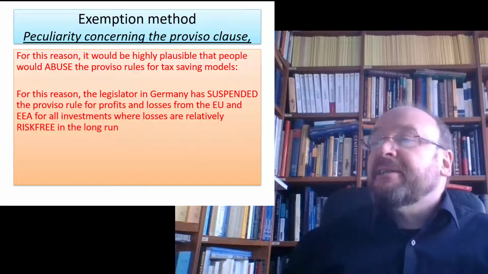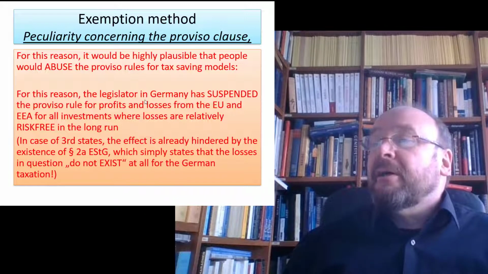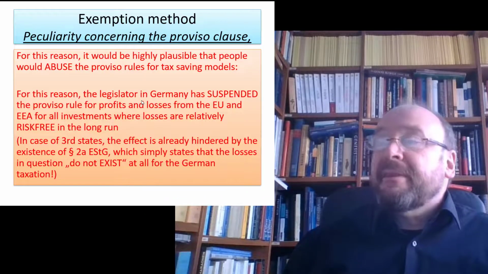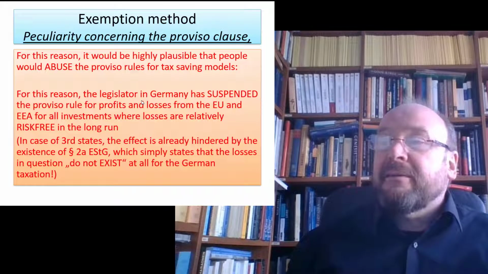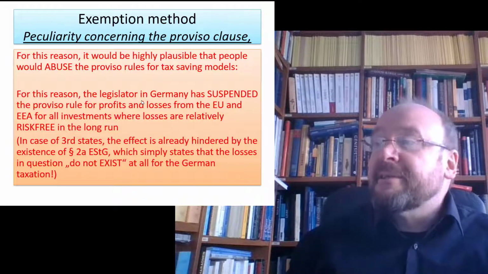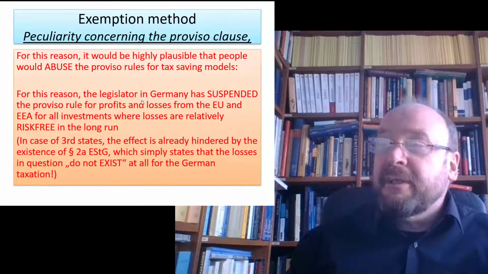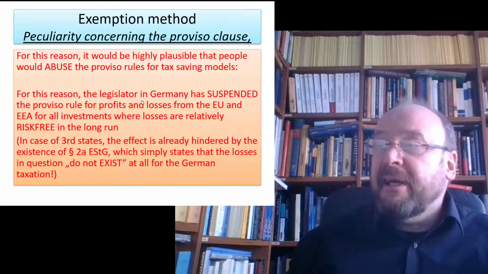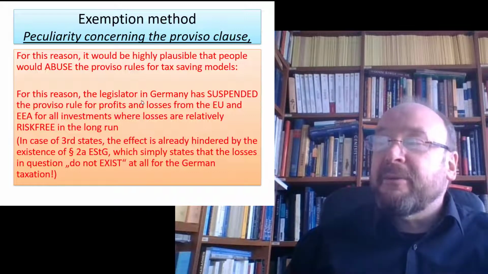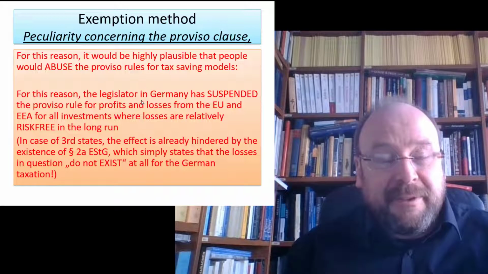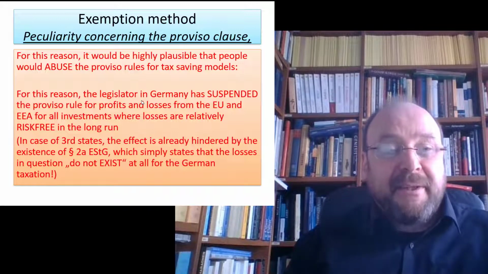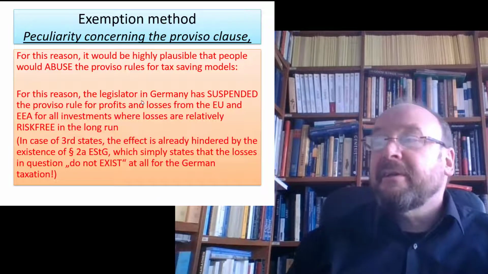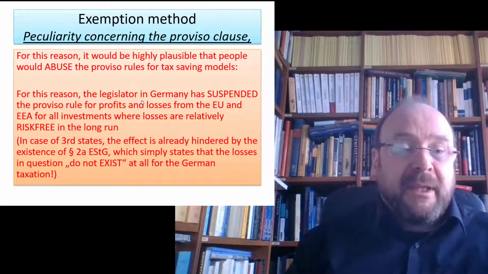So that explains why the legislature in Germany concentrated here on suspending the Proviso rule for profits and losses from the EU in equal way, and the EEA, for investments where losses are relatively risk-free, so where it's relatively certain that the amounts can be recovered in the medium or long run.